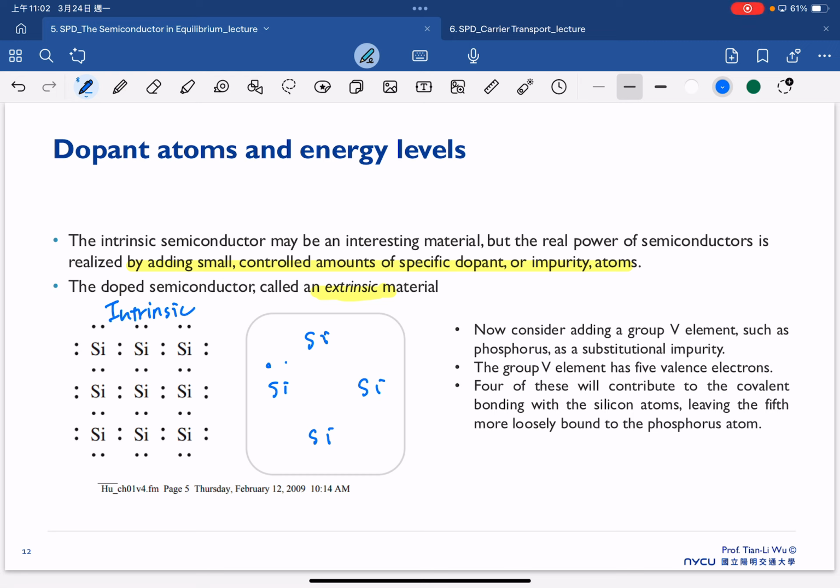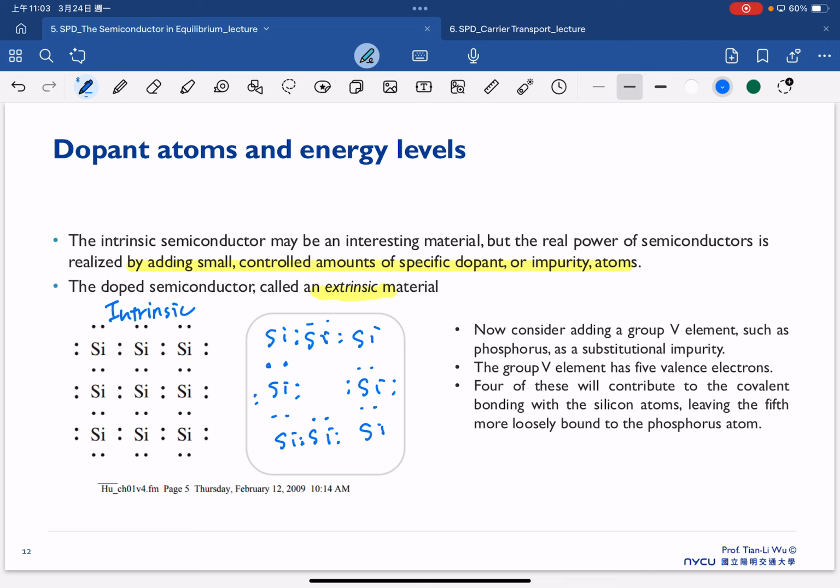We all know silicon has four valence electrons, so that's a typical one. For silicon, we have the formation of covalent bonds with the nearby silicon atoms.